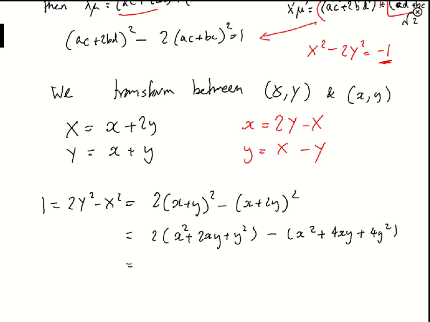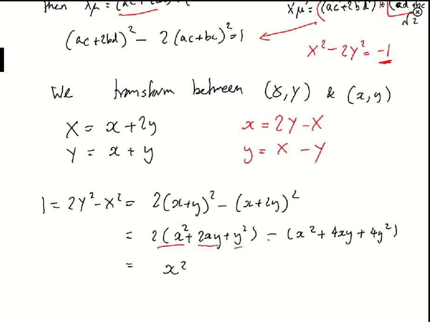And if you look at that, well, what have I got? I've got 2x squared in the first bracket, 2x squared there, and x squared there. That gives me an x squared. In this bracket, I've got 2 lots of 2xy, 4xy, minus the other 4xy. That one disappears. That's a big hooray. Then what have I got here?